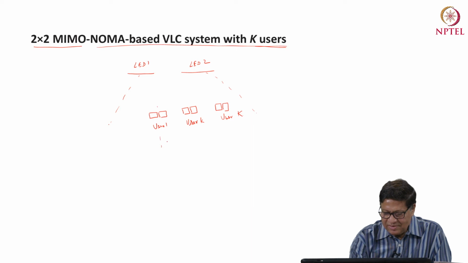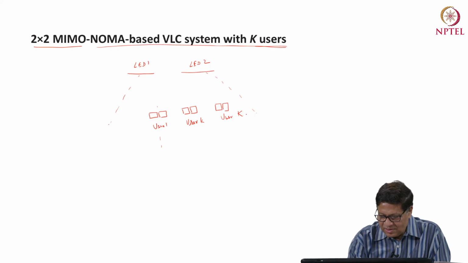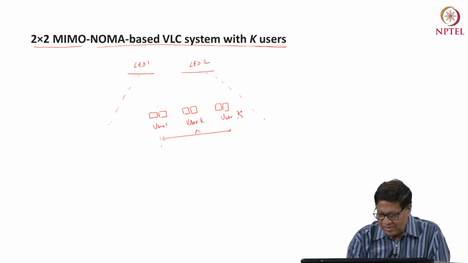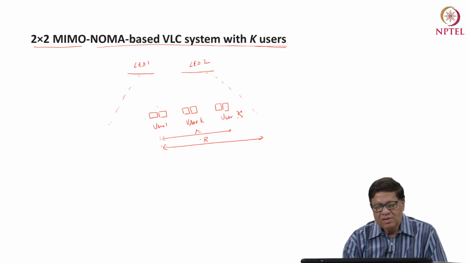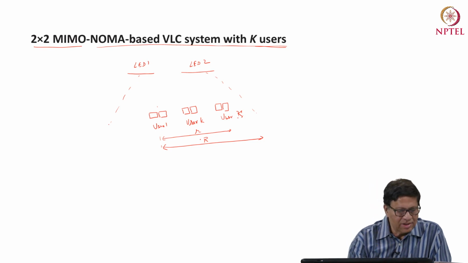So this is the reference, and the distance between user 1 and user K, the last user, capital K, is say R, and the total coverage area where LED 2 light is available is say capital R. So we will try to normalize, we will see how the signal is received at different locations by using these quantities.